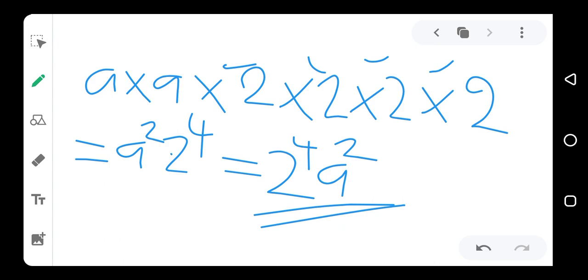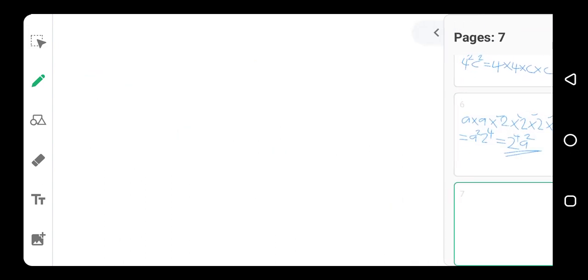This alphabet and number, sometimes it can contain more than one alphabet. For instance, in one index form, we can have both a and b. For instance, we can have a raised to power 2, b raised to power 3.